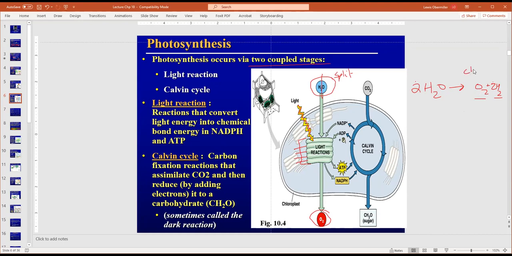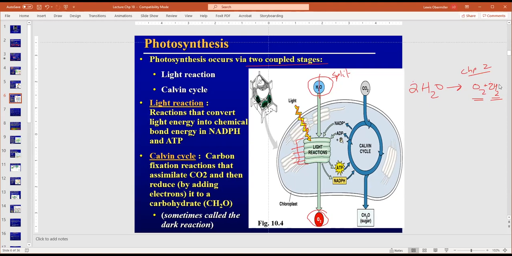And we learned about this in chapter 2, so you can go back and review that if you're not sure about it. All right, so plants take in water, they split the water, that produces oxygen and hydrogen. And we can split this hydrogen just like we did, remember, in glycolysis.